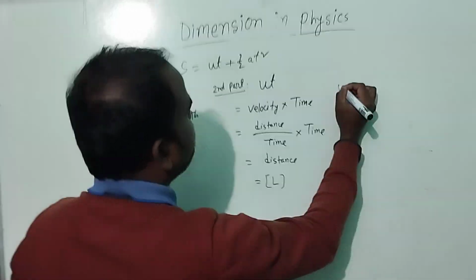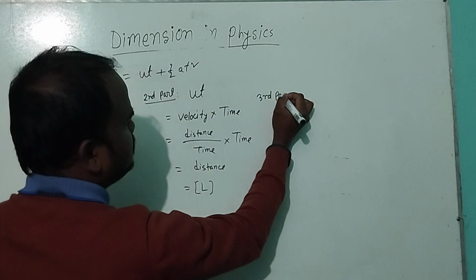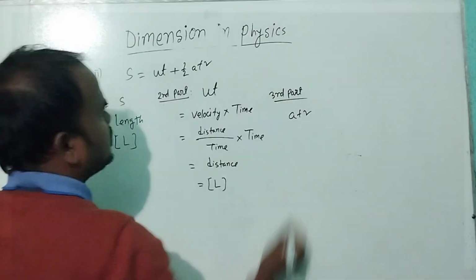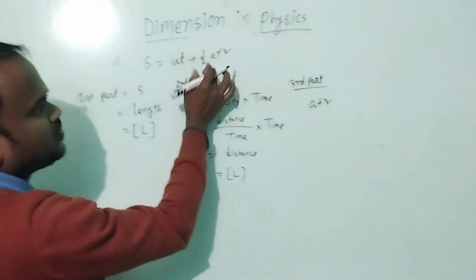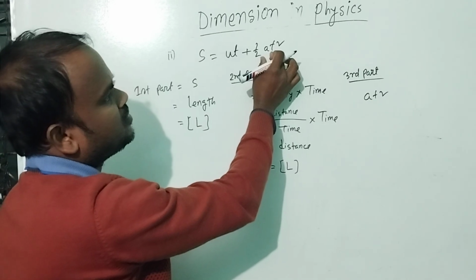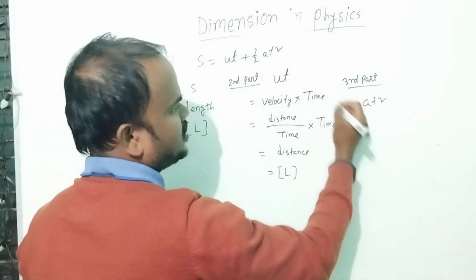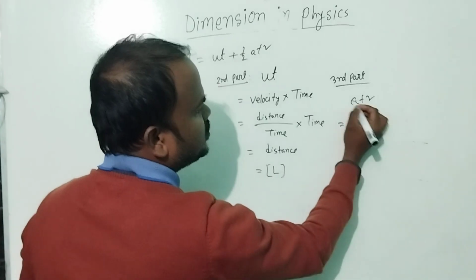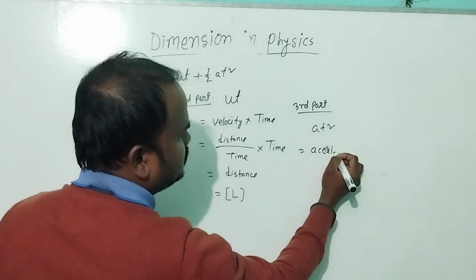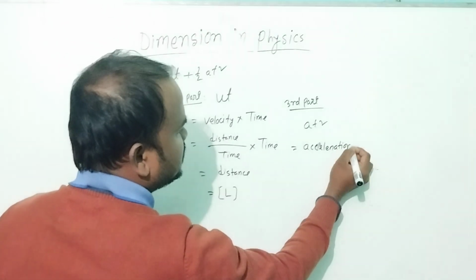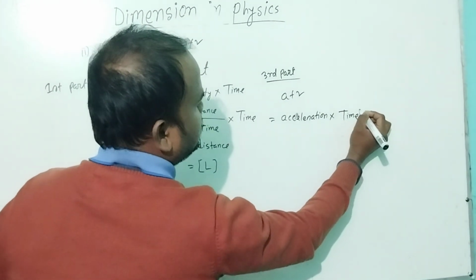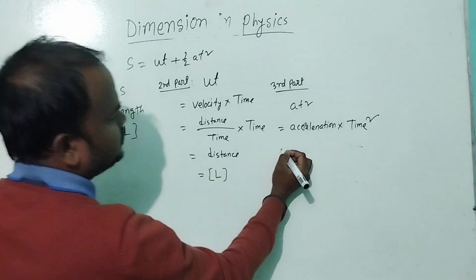And finally the third part of the equation is at square. Here it is half at square. We know half is a number and it has no dimension. So we can write at square as the third part of the equation. We know a is acceleration, and t means time and it is squared.